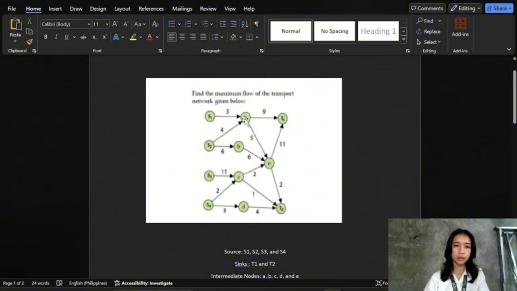So this is the source and this is the sink. 1, 2, 3, 4, 5, 6, 7, 8, 9, 10, 11, 12, 13, hanggang mag-20. Kasi 'di ba ang sabi, magko-continue lang siya habang may path na nag-e-exist.